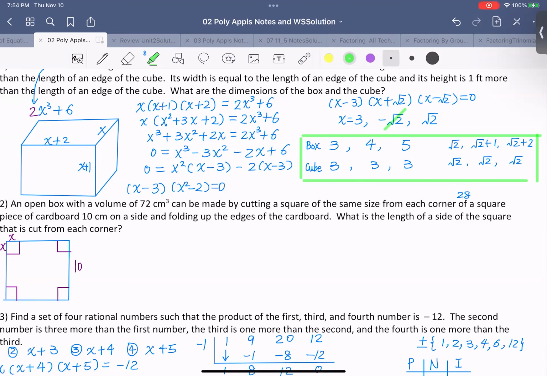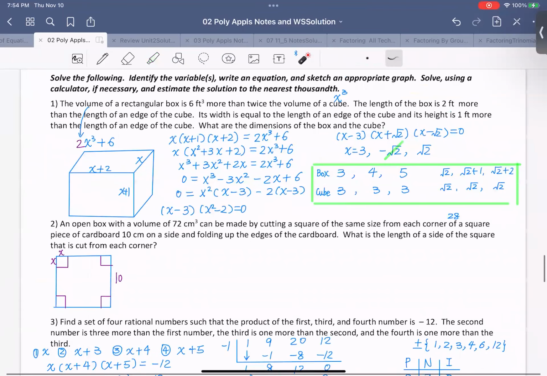Oh, the words for this one. An open box. So I come back to this pink one, okay? Look at the video camera. So the open box with a volume of 72 centimeters cubed. So my volume for this pink box is 72.